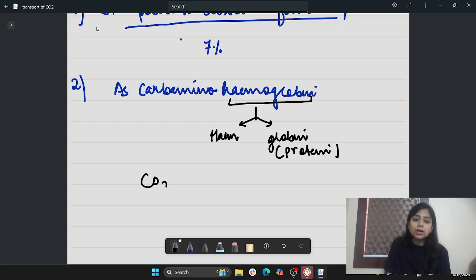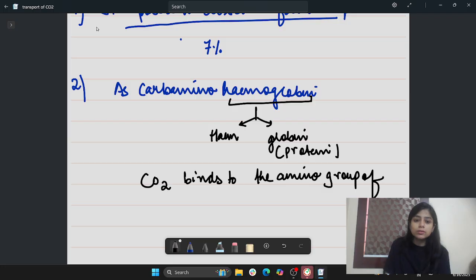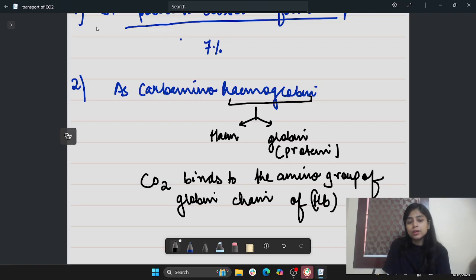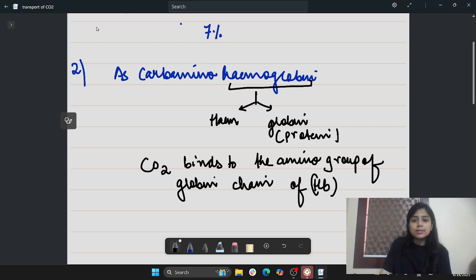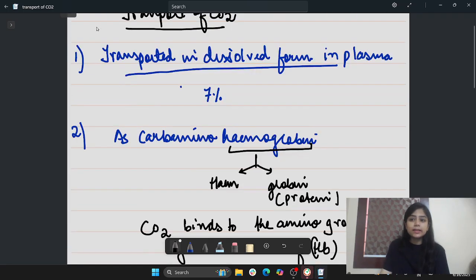The carbon dioxide binds to the amino group of the globin chain of hemoglobin. The percentage of carbon dioxide transported as carbaminohemoglobin is 20 to 25%. I hope it's getting clear.